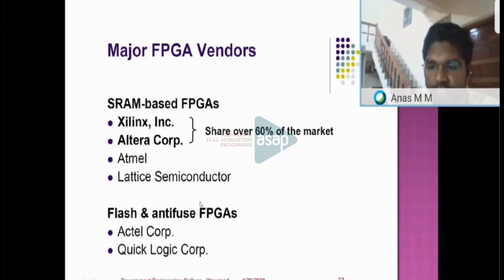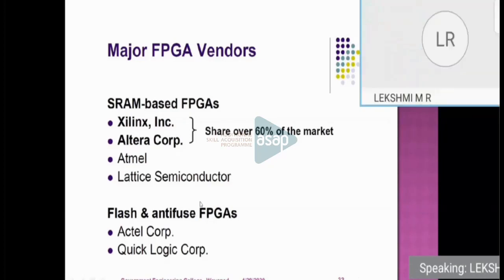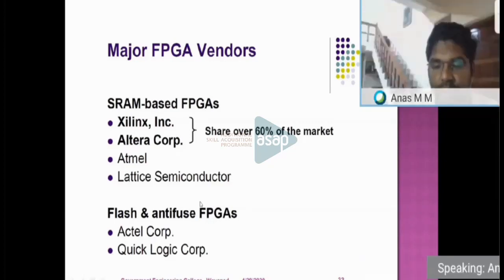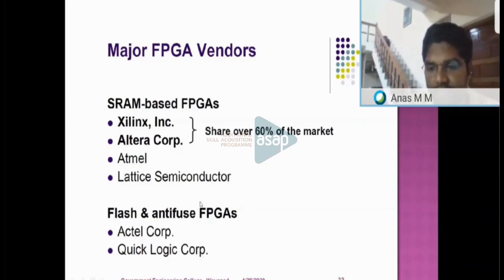Any other doubts? The next question is the difference between FPGA and microcontroller. That is why I showed you the structure of the FPGA board. In a microcontroller, the architecture is fixed. Let us take an example of the 8051, or the ATmega328, which is the microcontroller inside the Arduino Uno.